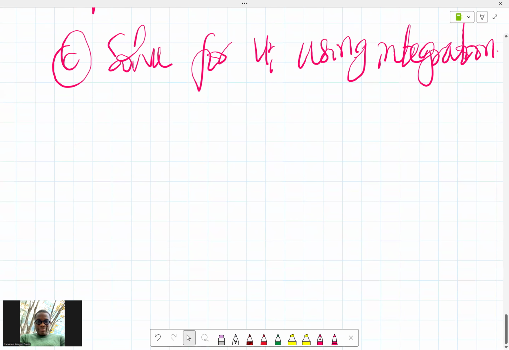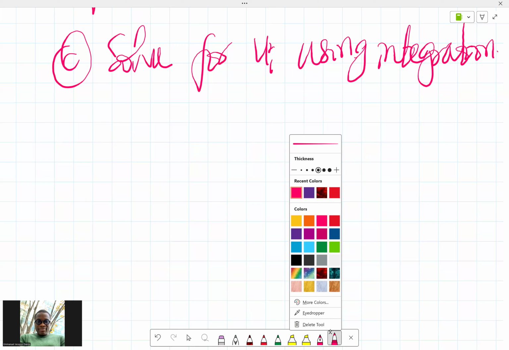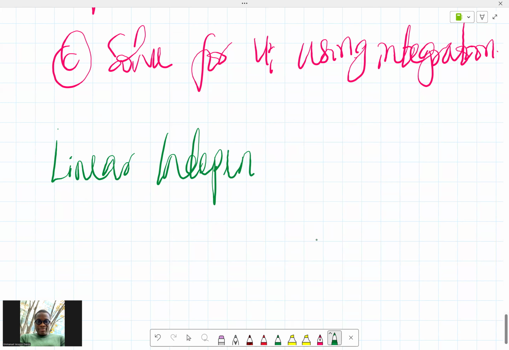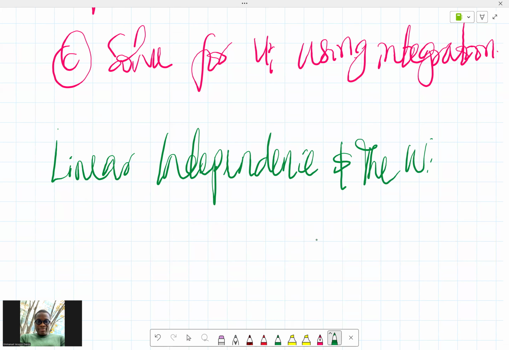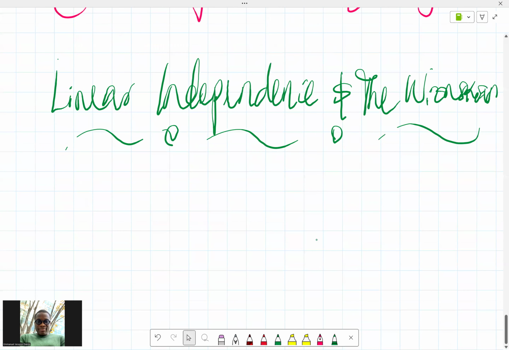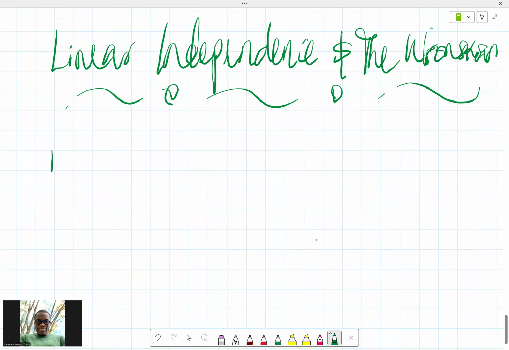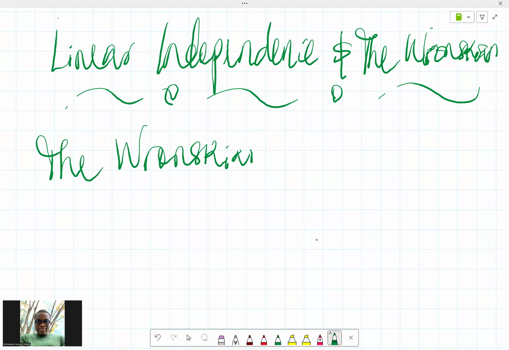After that step, we go to a very important concept, which is linear independence and the Wronskian. That comes up under this kind of higher order stuff, and we've done it also under variation of parameters.